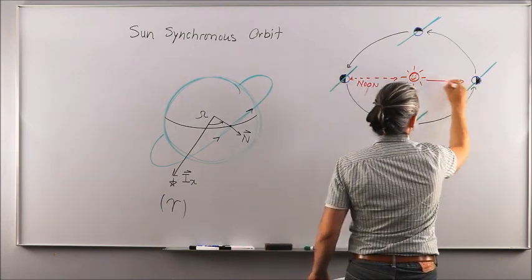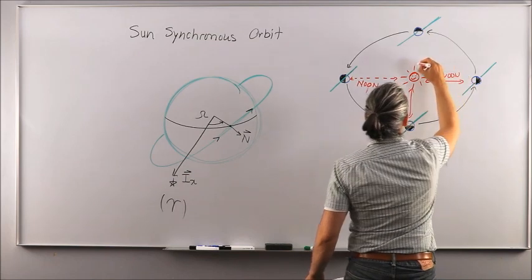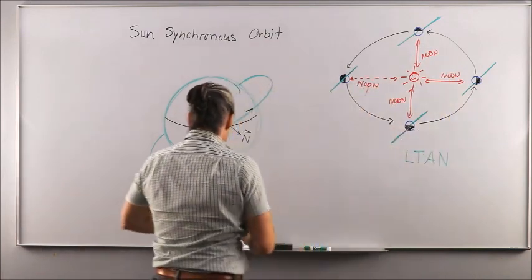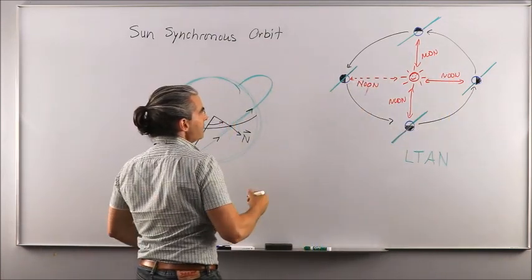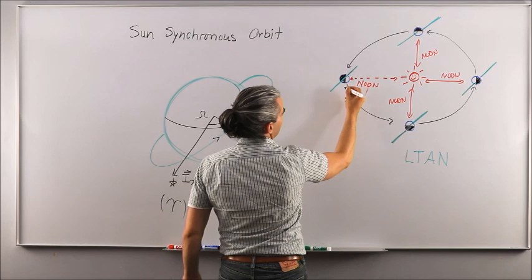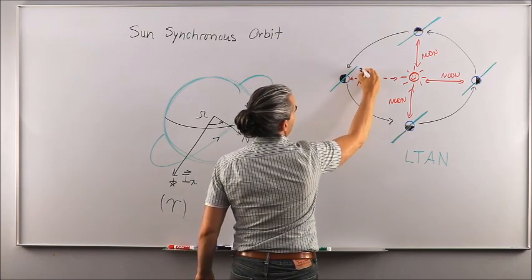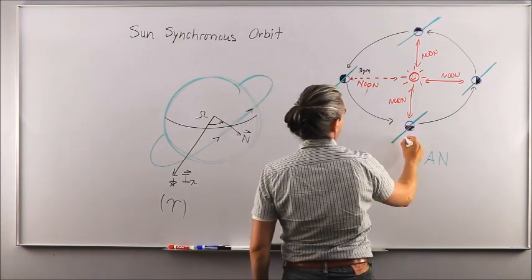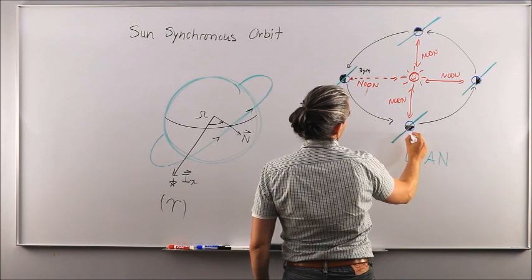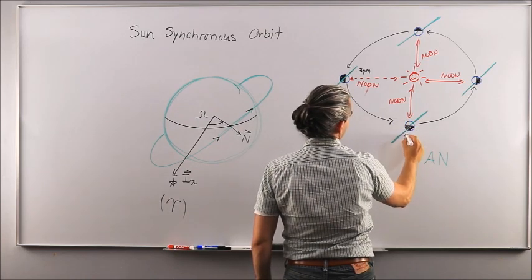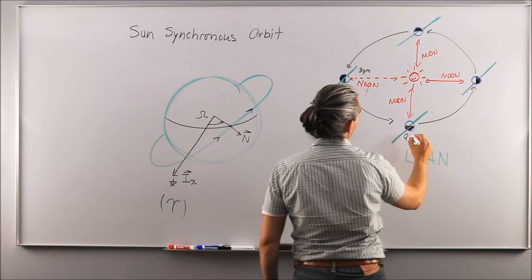Noon, and noon, we see that here the spacecraft could be crossing the equator, say, this is noon, maybe 3 p.m. Here, maybe this is noon, midnight, maybe 9 p.m. or something like that, that point.